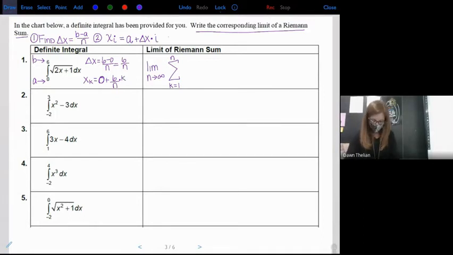So now what I can do is build my Riemann sum. Because now that I have delta x and x sub i, I can plug them in. So if I just scroll to the front page one more time, I need the height. The height is my f.